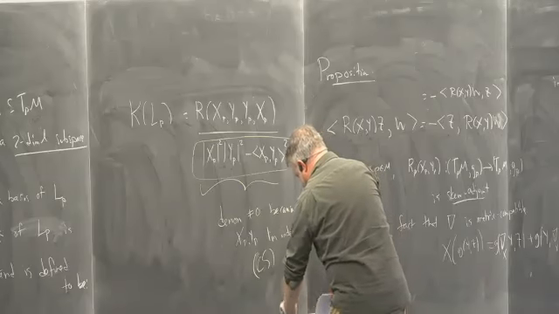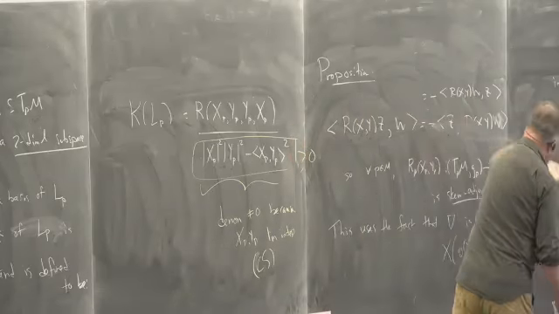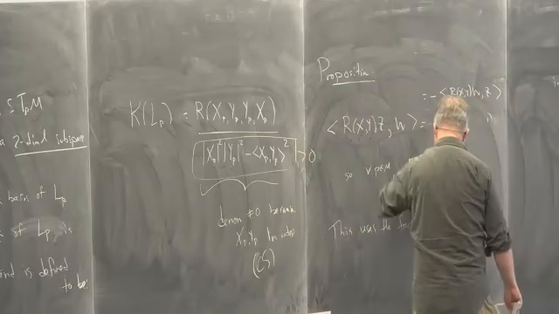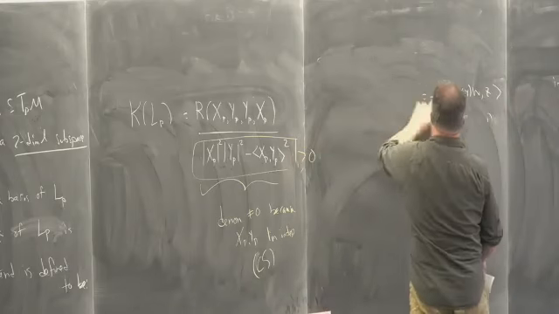And the next thing to ask is, well, we made a choice of a basis. We have to make sure this is independent of choice of basis.